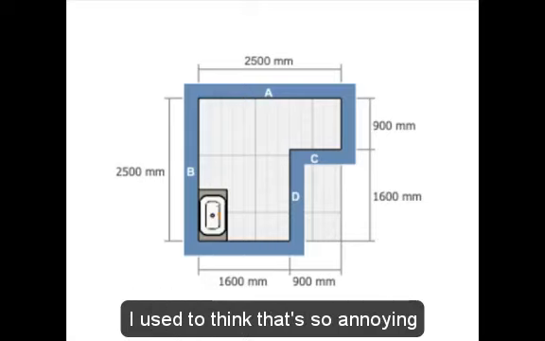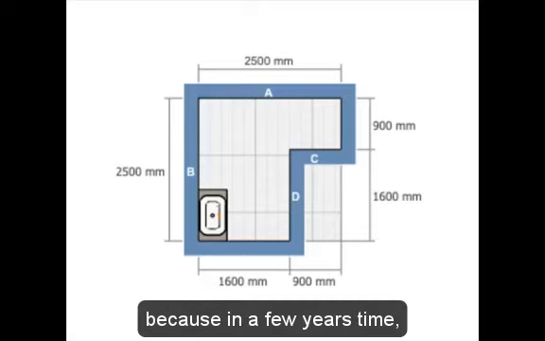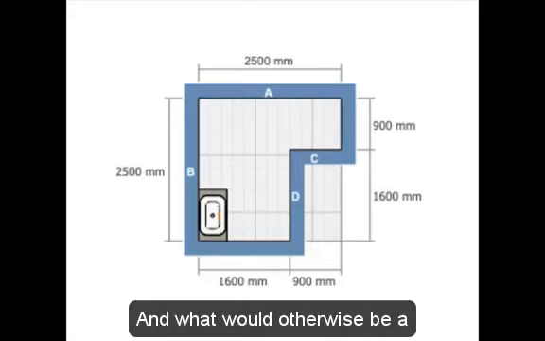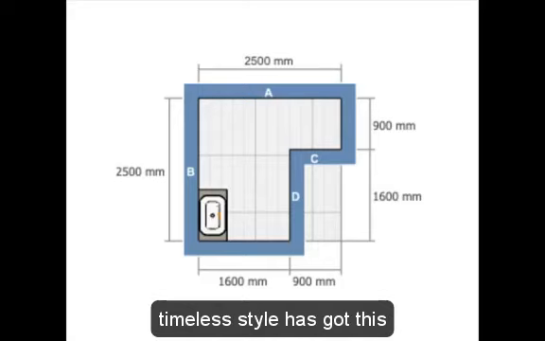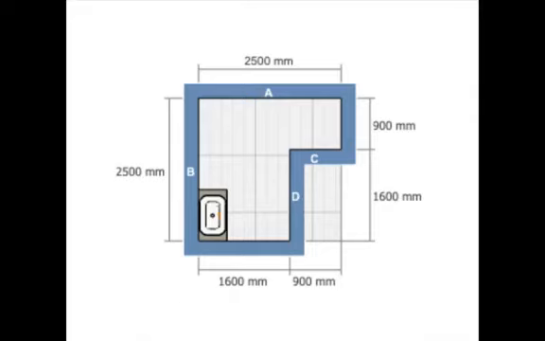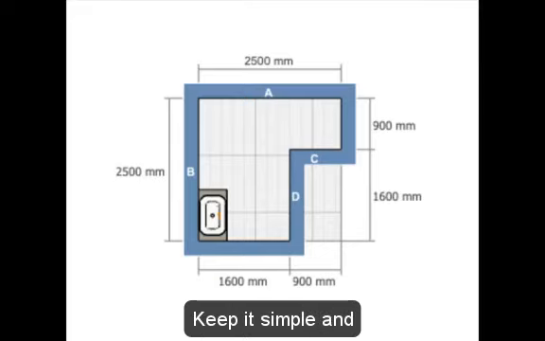I used to think that's so annoying because in a few years' time, that's going to be really out of date. And what would otherwise be a timeless style has got this strip of feature tiles that just date stamp the reno. Keep it simple and keep it practical.